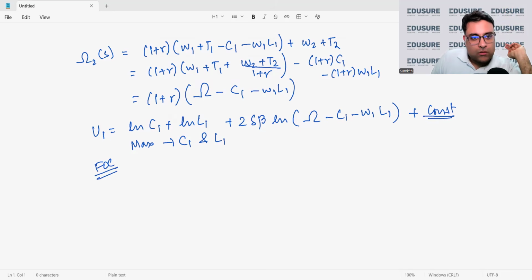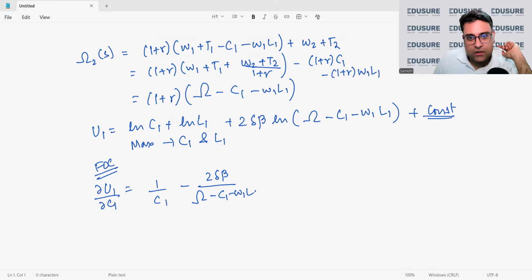FOC conditions. Del U del C1 is 1 by C1, minus 2 delta beta by omega minus C1 minus W1 L1, is equal to 0. Or in other words, omega minus C1 minus W1 L1 is equal to 2 delta beta C1.